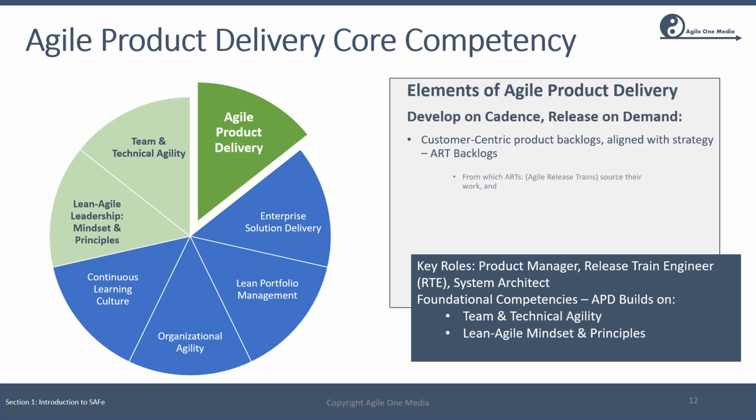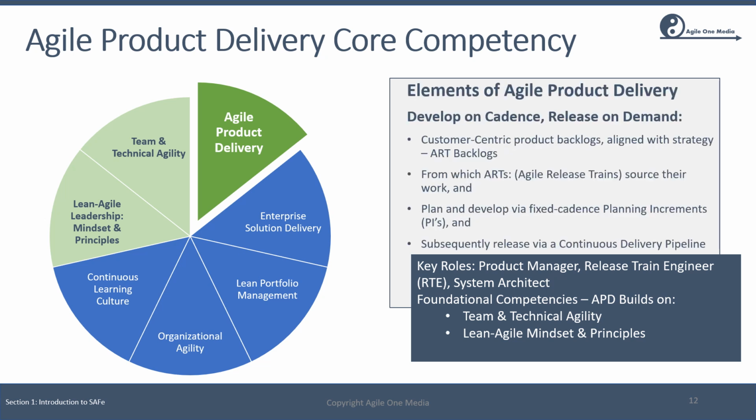Okay, now let's look more specifically at the Agile Product Delivery core competency. Agile Product Delivery is based on teams of teams known as Agile Release Trains or ARTs, planning and delivering using cadence and synchronization in order to continuously create releasable value throughout a planning increment.